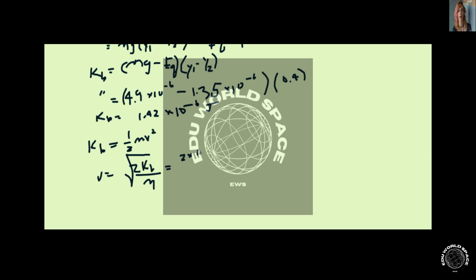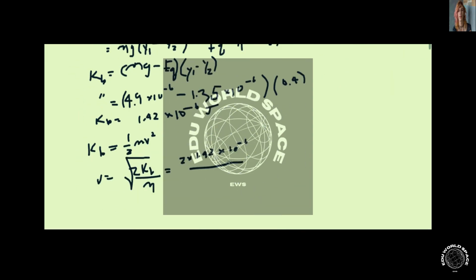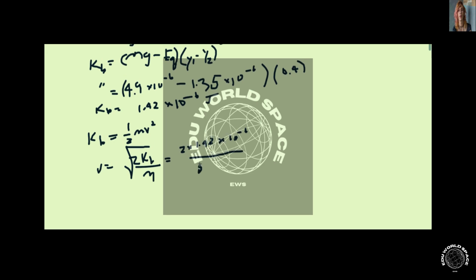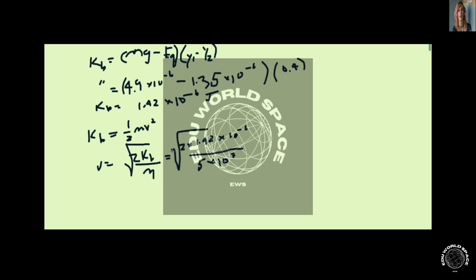So 2 times 1.42 times 10 to the negative 6 over the mass, which is 5 times 10 to the negative 7. Hold on, let me just double check that real quick. Yep, the mass is 5 times 10 to the negative 7. And this whole thing is in a square root.